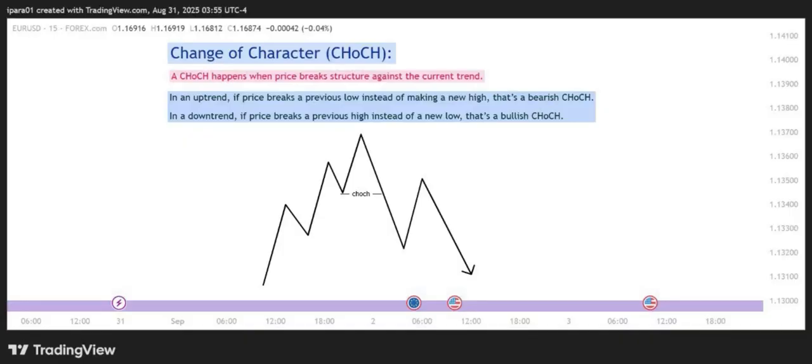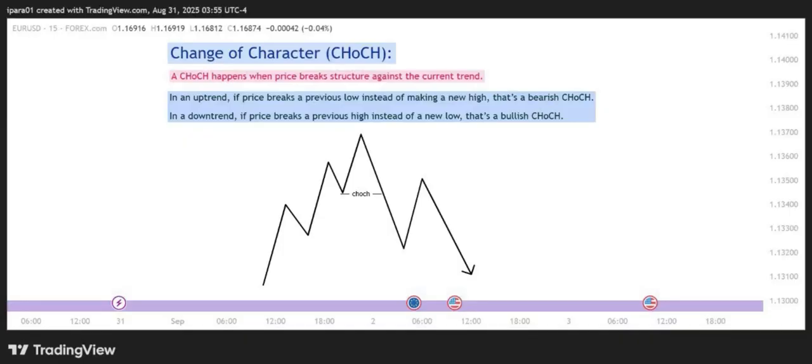In a downtrend, if price breaks a previous high, that is a bullish CHOCH. This is very important because CHOCH is the first signal that the market trend might be changing. It doesn't always mean that the trend will 100% reverse, but it tells us to be careful and to look for confirmation of a new direction.